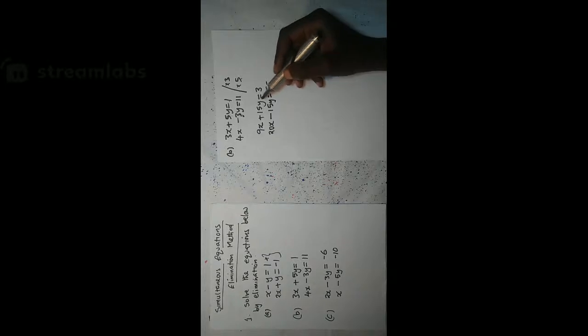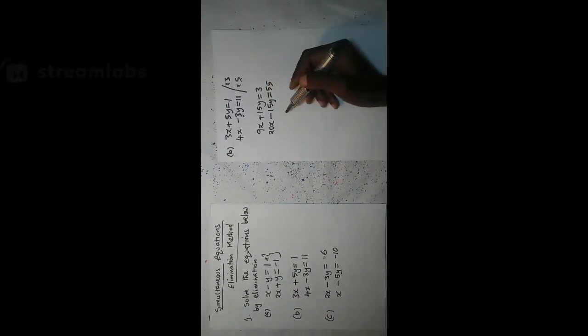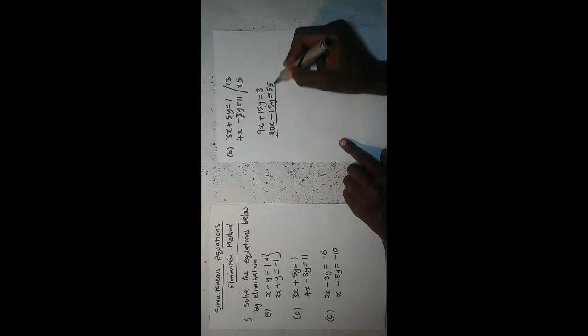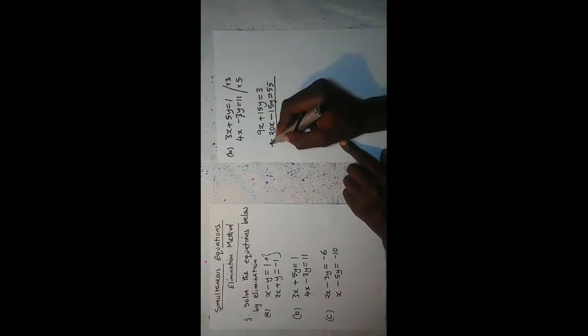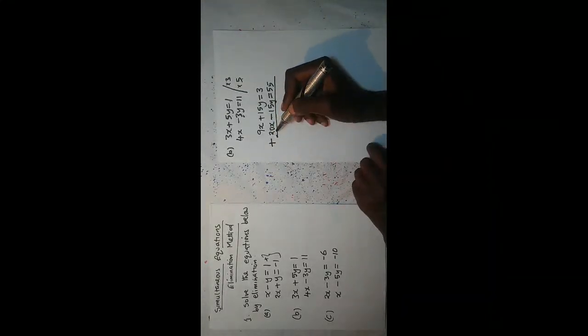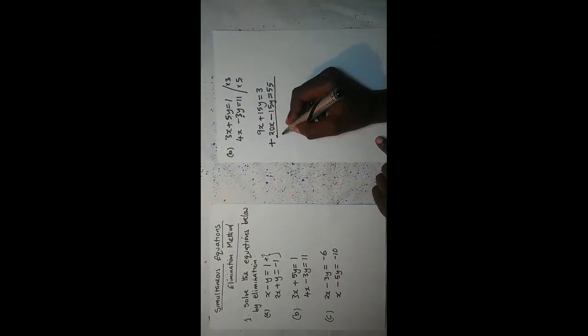So you can see here that we have made these two numbers the same in the middle here. And so we can eliminate them now. Since the signs are different right in the middle here, you add the two equations. So we are going to add here, we'll put a plus here. This is what we mean when we say add the two equations. So 9x plus 20x is going to give us 29x.